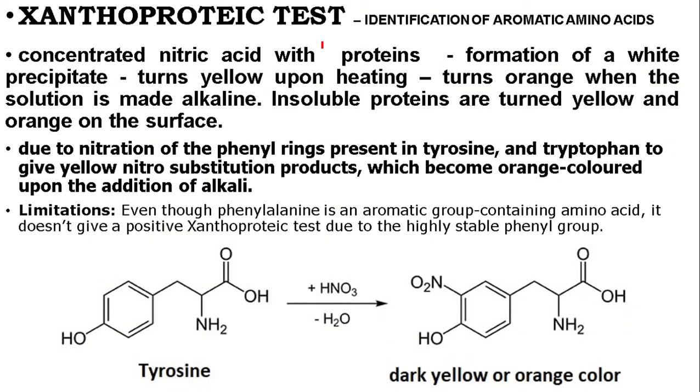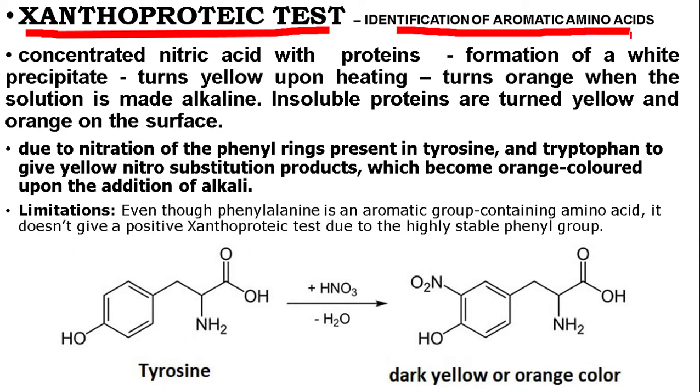Xanthoproteic test. This xanthoproteic test is used for the identification of aromatic amino acids or for identification of proteins containing aromatic amino acids. Here we have concentrated nitric acid reacting with the proteins. What happens?